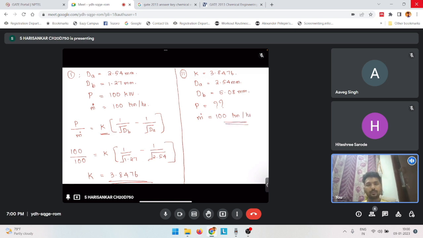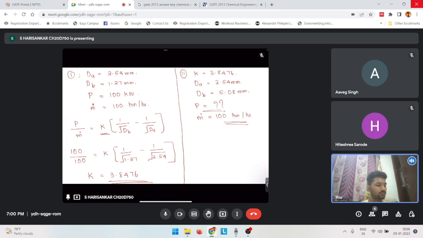Since we found the constant K from the last case, using that constant and these new diameters of the feed and the product, as well as the mass flow rate, we need to find the power consumed.